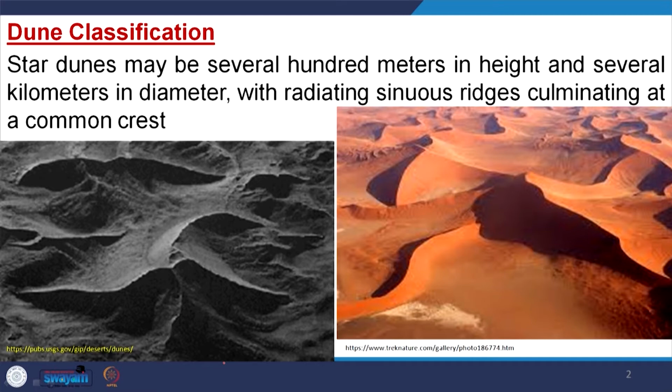There are many sharp and long ridges merging at a point or radiating from a point. That means it indicates variable wind direction. From different sides the wind is blowing and merging here, and finally it forms a star dune.